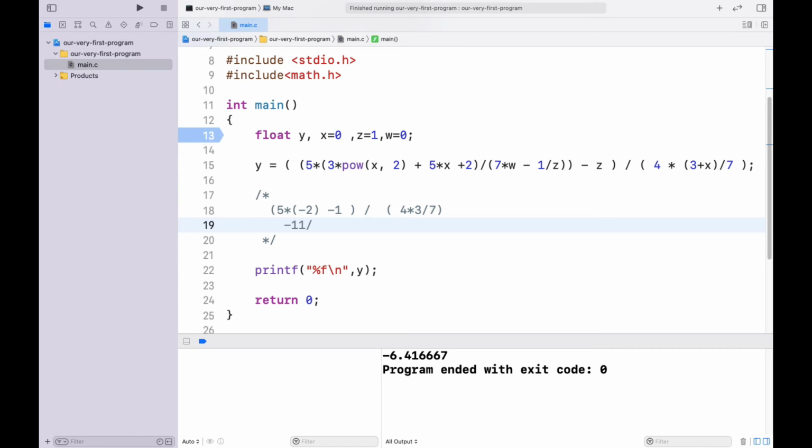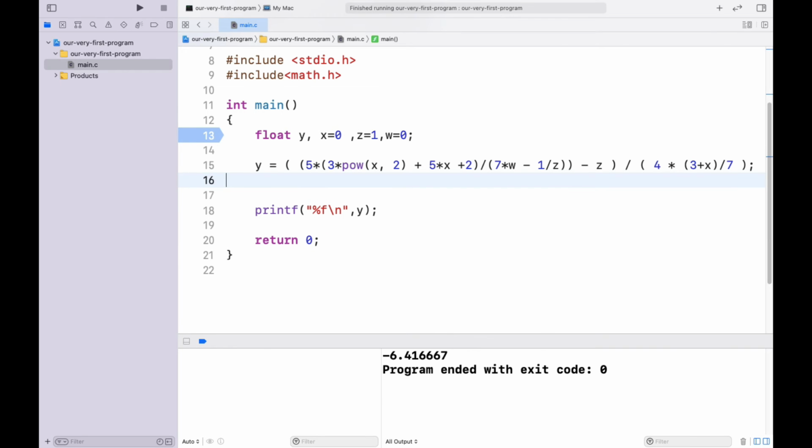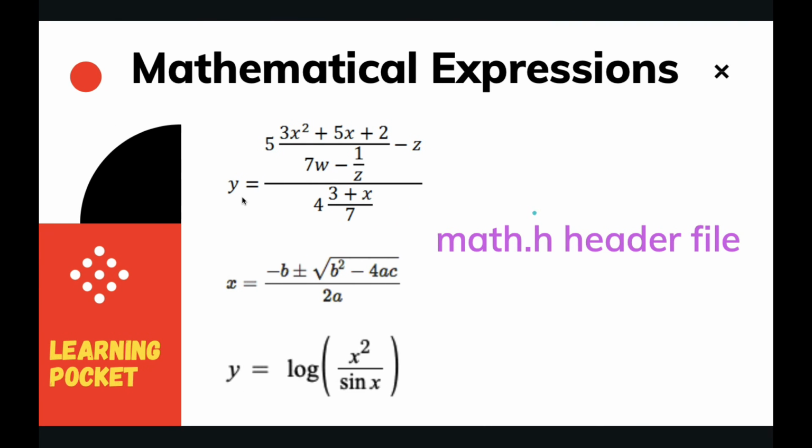First multiplication will take place. 4 into 3, that would be 12, and that will be divided by 7, which is about 1.7, and that will give us the value of minus 11 divided by 1.7 itself. Then you can get minus 6.4167. So you can verify it yourself by putting in another value and calculating it using a calculator itself.